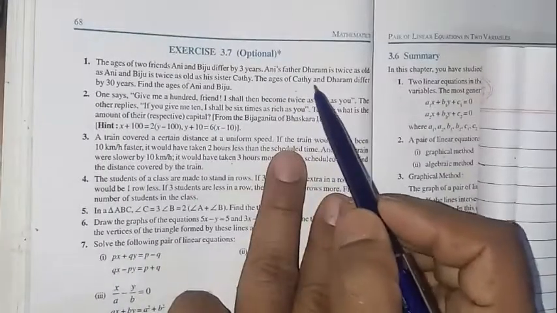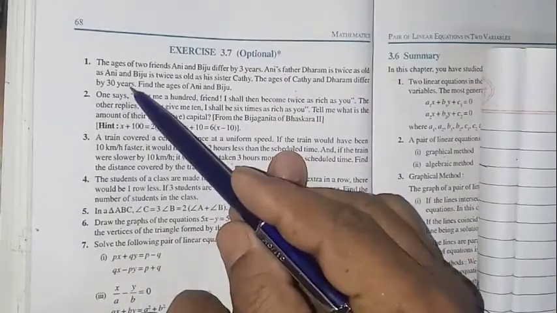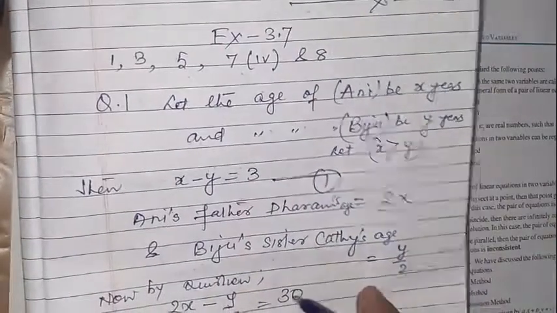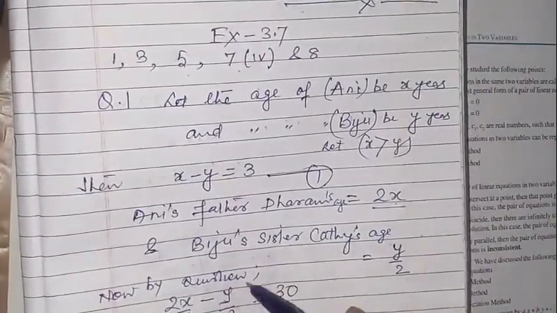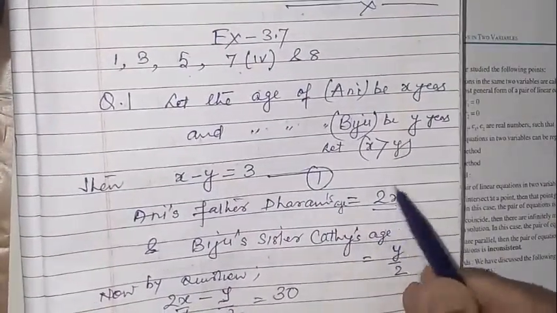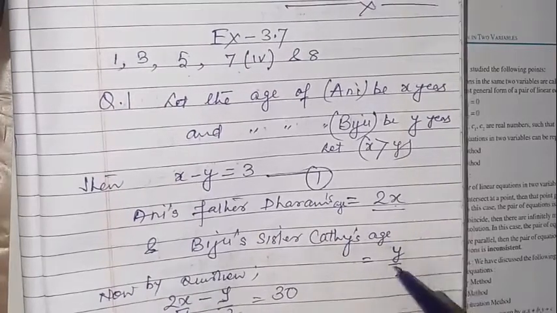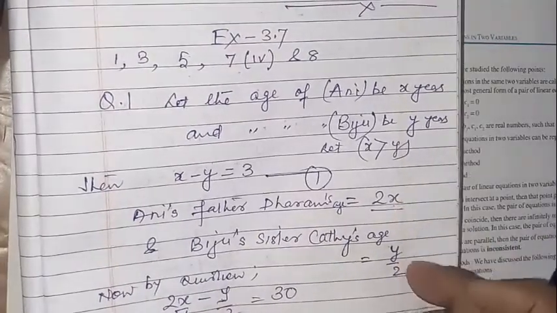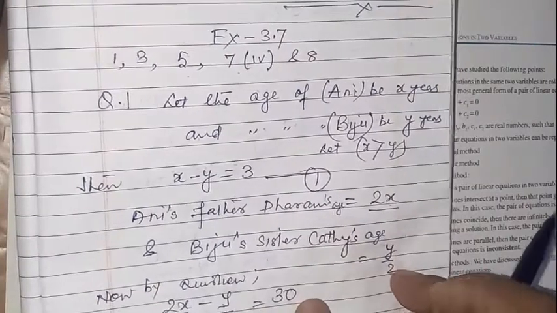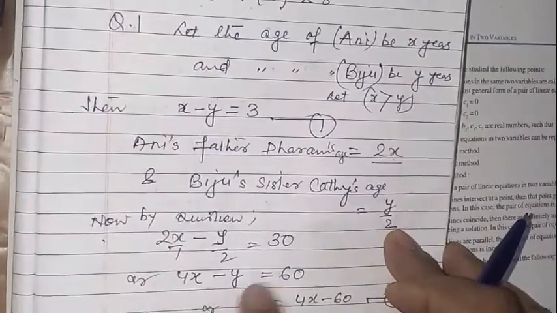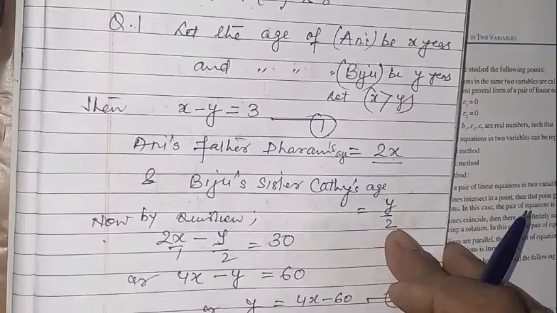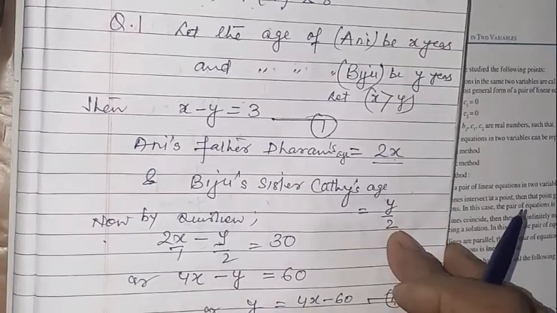The ages of Kathy and Dharam differ by 30 years. So by the question, Kathy is y by 2, so 2x minus y by 2 is equal to 30. Solve this, 4x minus y equal to 60 and y is equal to 4x minus 60.